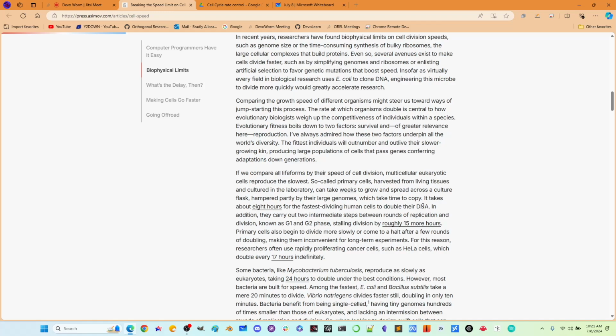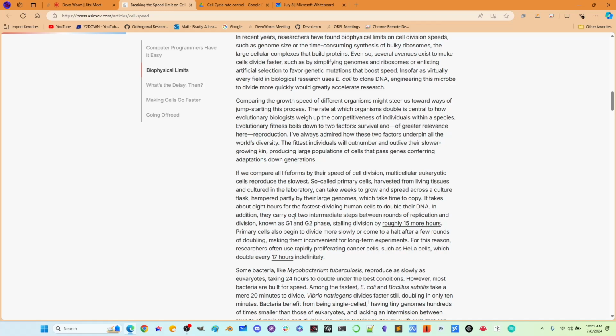So that's even slower. And so speeding up that rate, of course, is going to be a harder lift, because there's going to be a lot more DNA to replicate, but also you have a lot more structure in the eukaryotic cell to reproduce.